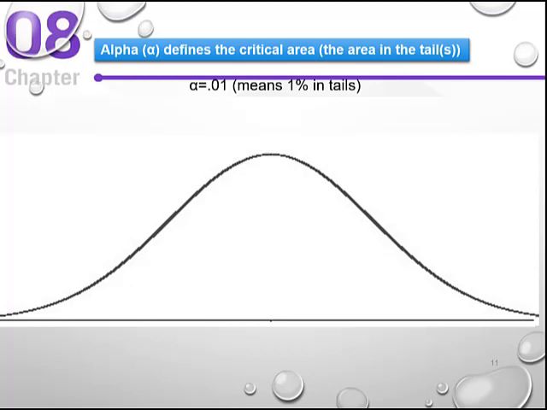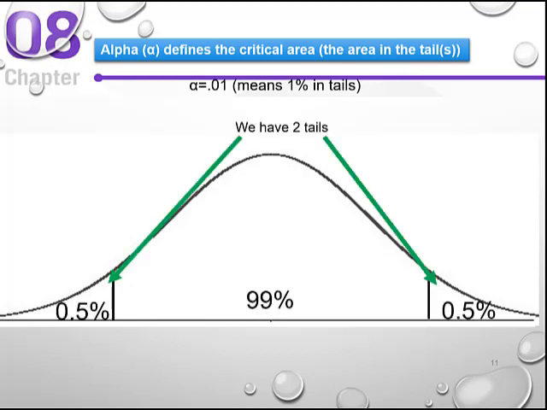That means logically exactly the same thing we just talked about for an alpha of 0.05. That means now we have 1% in the tails. Since we have two tails, that means we have 0.5% in each of them. Because now we know we have 99% in the middle. And you can see, now the middle got larger and the areas in the tails got smaller.